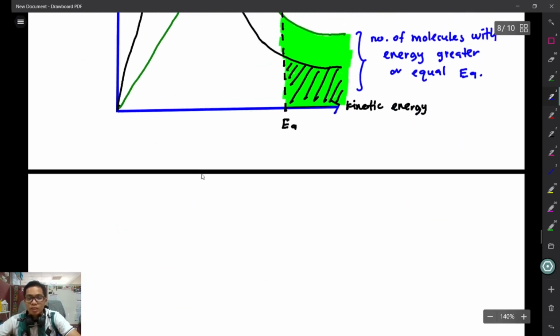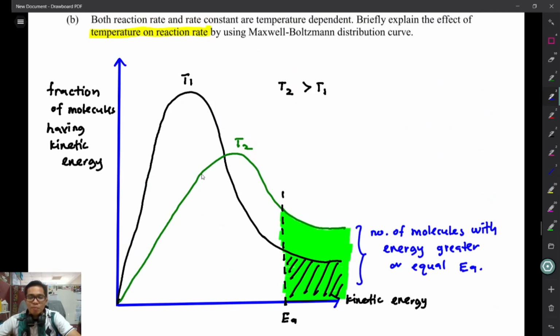Briefly explain the temperature effects.